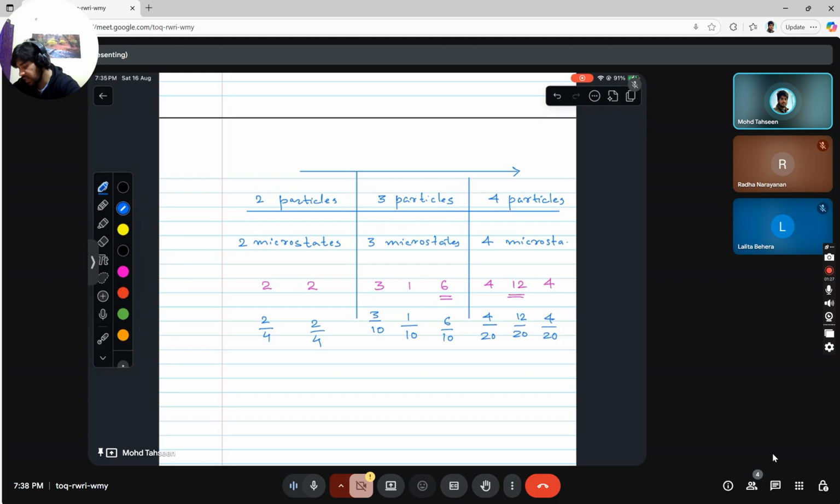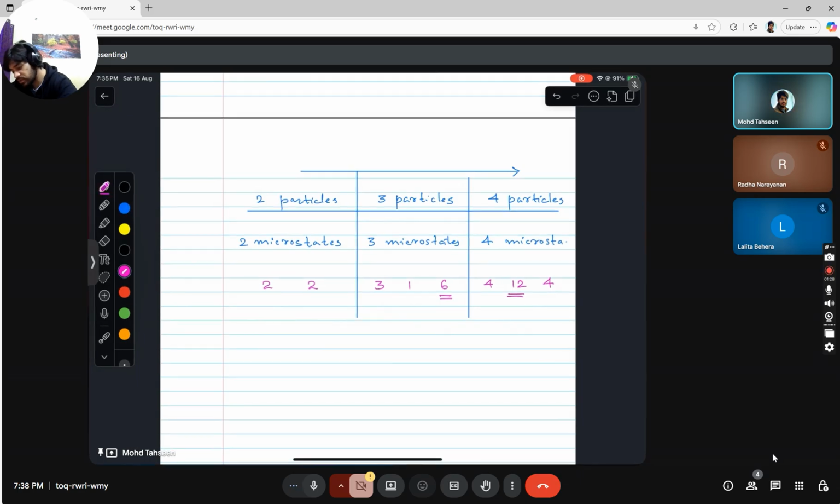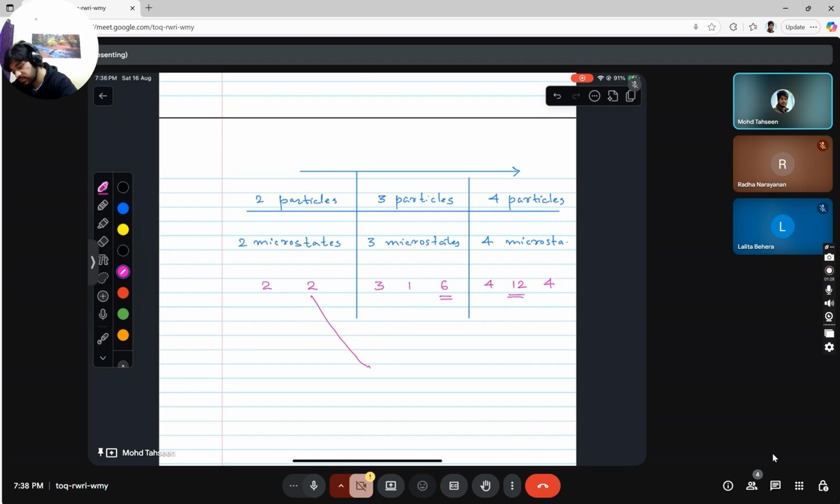So we see that in all the cases there is one state which has more ways than other states, and this state is called the most probable state. So the observation now, let me just write it. Here the most probable state is any state.